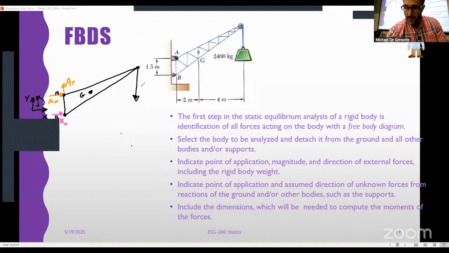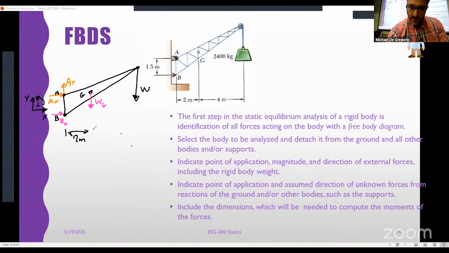Here's our weight. So I'm going to call that weight. And we have all of our distances, right? We can say we're missing one, right? There's probably the weight of the crane itself too. So I'll call this weight sub G. And we can say, well, I know this distance as 2 meters.